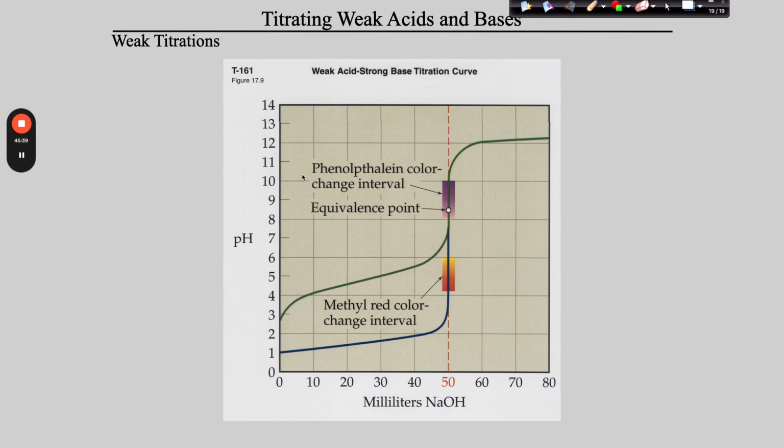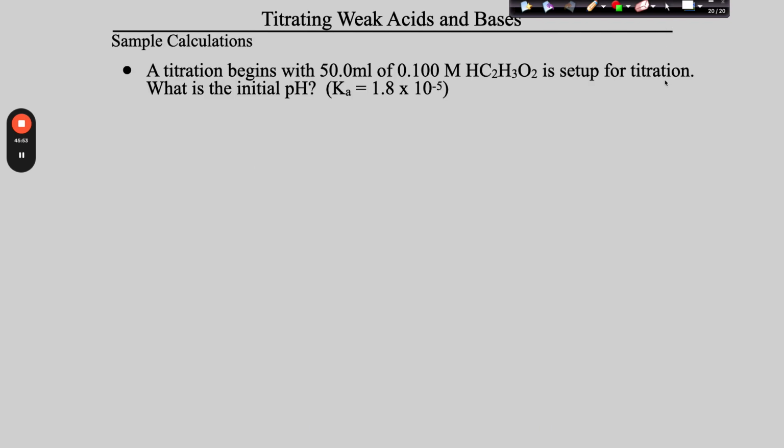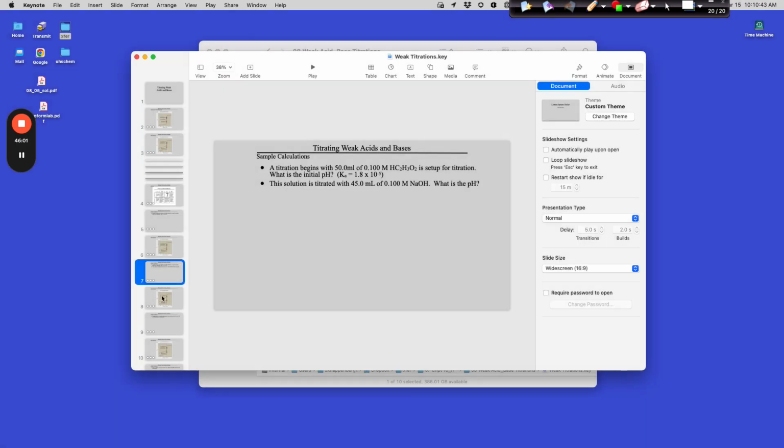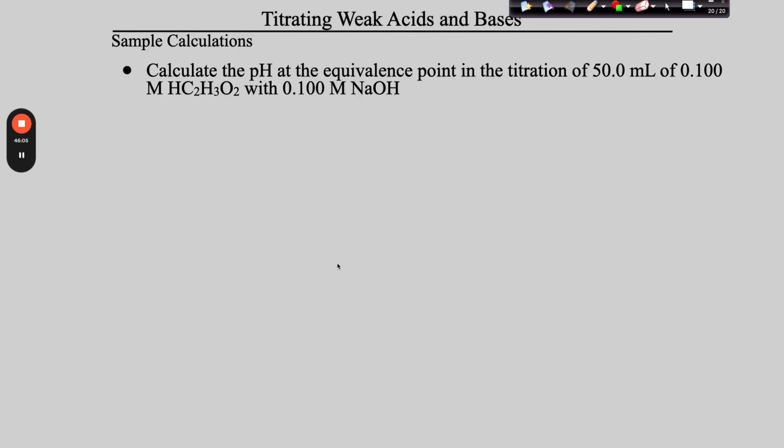Okay. So now guys, let's go before equivalence. Now we're going to talk about this region right here. And guys, the question reads like this. Sorry, hold on. Oh, this is the one that I wanted. Okay, here we go. So it says calculate the pH.